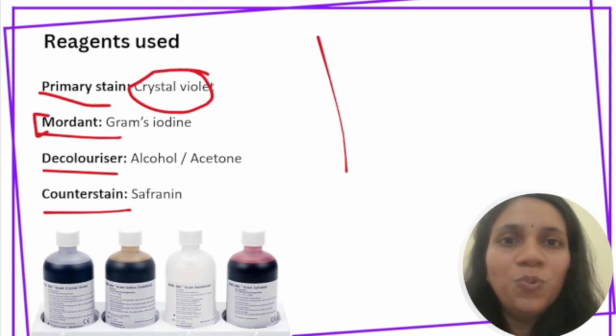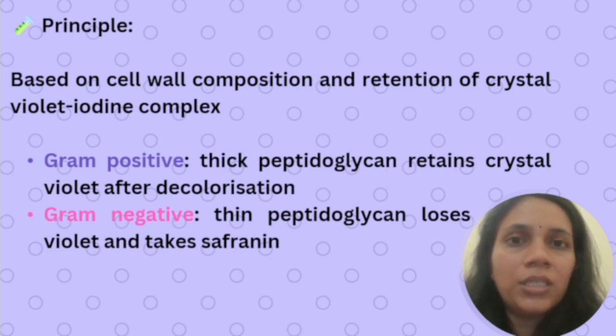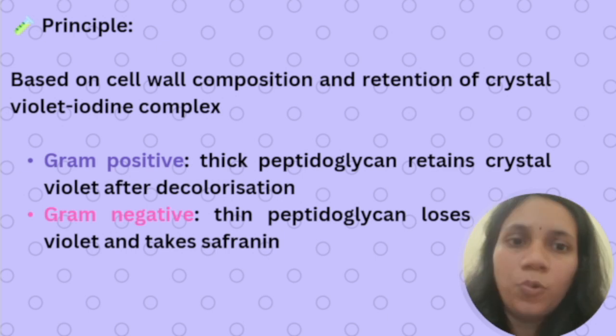Now let's move on to the principle, because we have already understood the reagents used, so understanding the principle will be even easier. The whole thing is based on the difference in the cell wall composition.